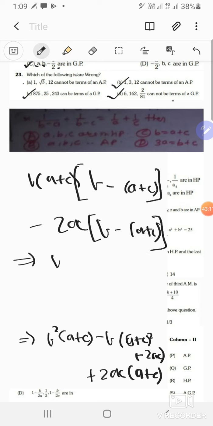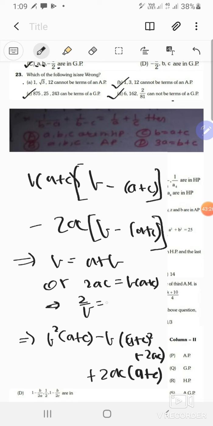So either b is equals to a plus c, or you have 2ac is equals to b into a plus c, which means that... what does that mean? That means that 2 upon b is equals to 1 upon a plus 1 upon c. Yeah, something like that. So either b has to be equal to a plus c, or... well, wait a second, b has to be equal to a plus c.